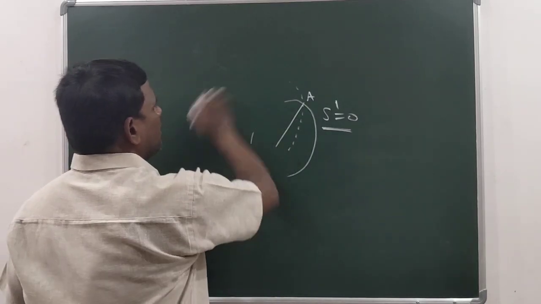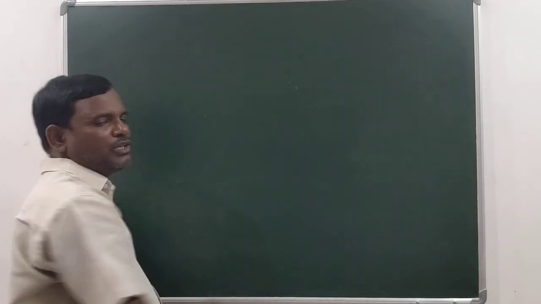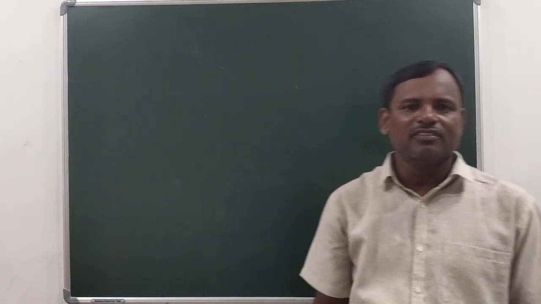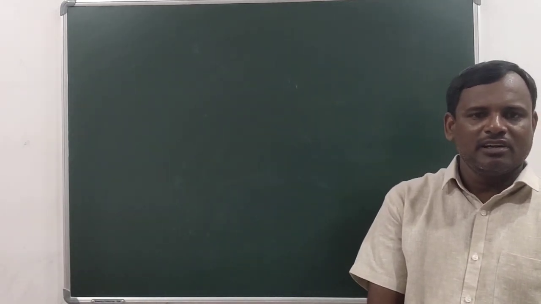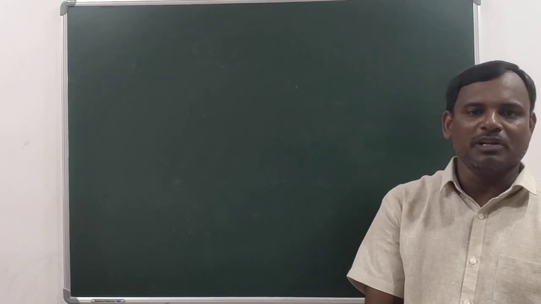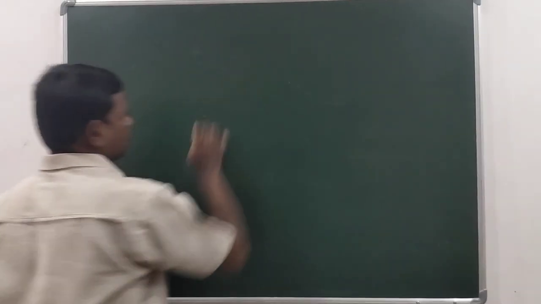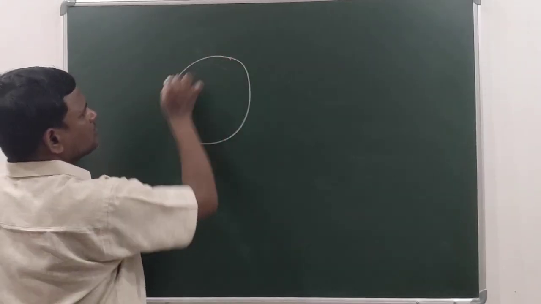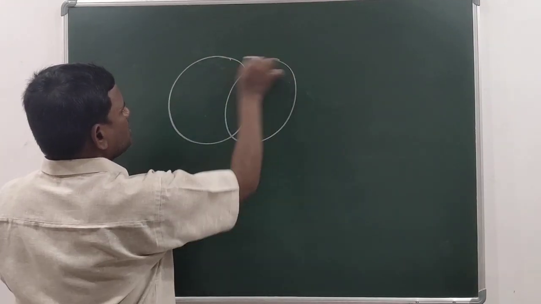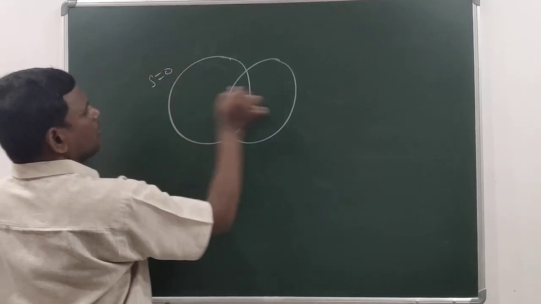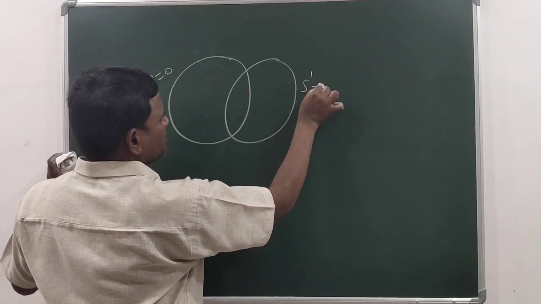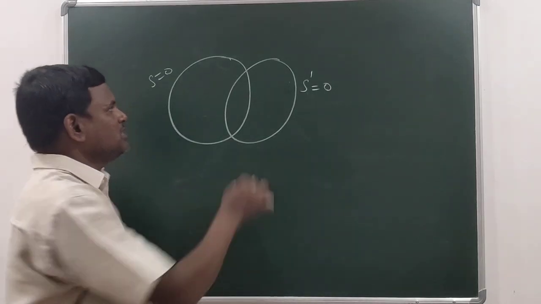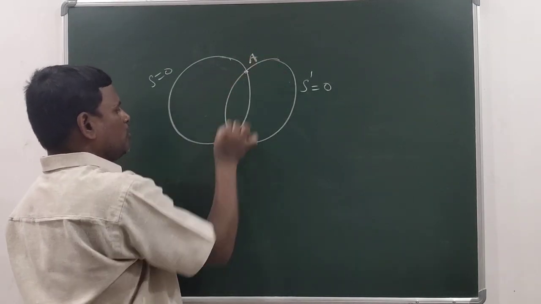Now let us go to the fourth objective of this chapter, that is length of common tangent, length of common chord. See students, these are two circles whose equations are S equal to 0, S dash equal to 0, and see here they intersect at two places.